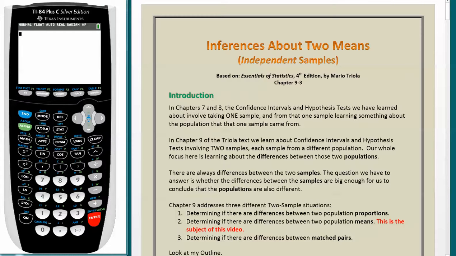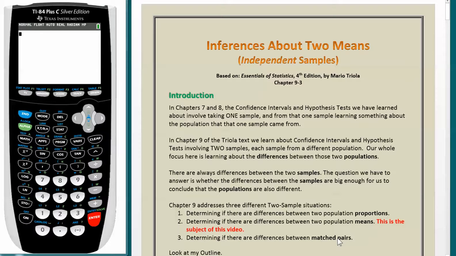There will be another video covering that. And those matched pairs are also sometimes called means-dependent samples. So some of the terminology gets a little confusing, but this number two type is sometimes called means-independent samples, and number three is sometimes called means-dependent samples, though it's also often just known as matched pairs.